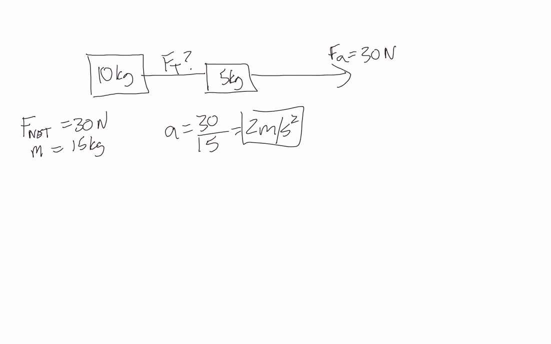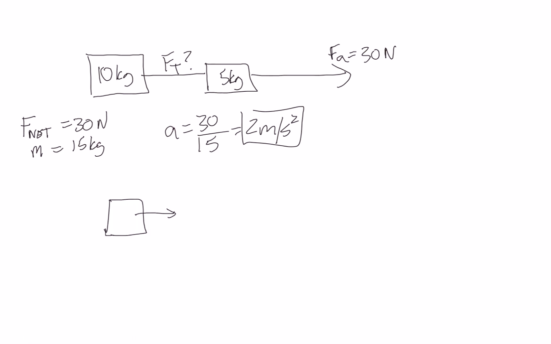So now we can think of what is the tension on the string. Well, the 5 kilogram box is being pulled to the right by the rope, so the tension on the string will be the reaction force. What you want to do is calculate the force of just the 10 kilogram box. So you want to picture just the 10 kilogram box.